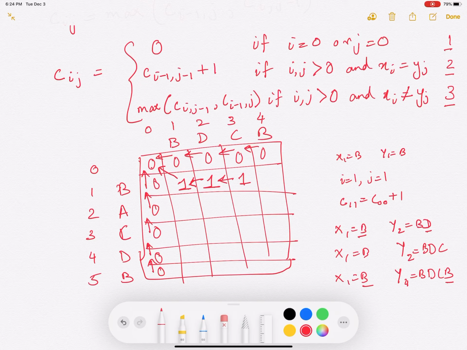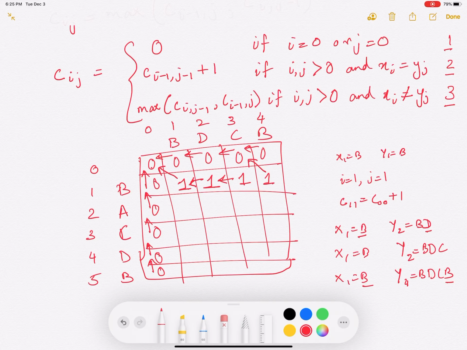Therefore, you are going to look at this box, which is a 0, and add 1 to it. So it's going to be 0 in this box here, plus 1, which is going to be 1. It is important where you get the 1 from, because you are going to use the pointer to keep track of that. So you're going to put an arrow pointing out here.